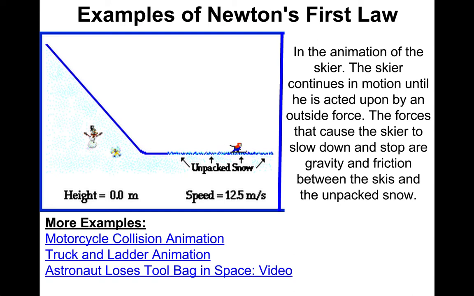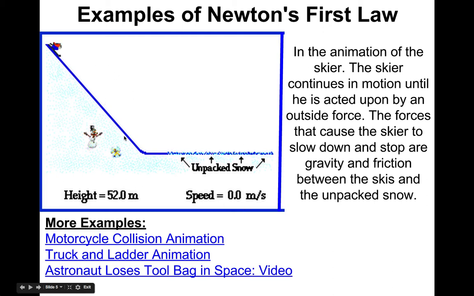Here's another example of Newton's first law. We have the skier, and in the animation, he continues in motion down the hill until he's acted upon by an outside force. In this case, it's going to be gravity, and then also the friction from this unpacked snow on his skis is going to cause him to further slow down and eventually stop.